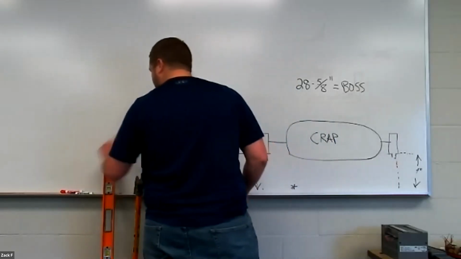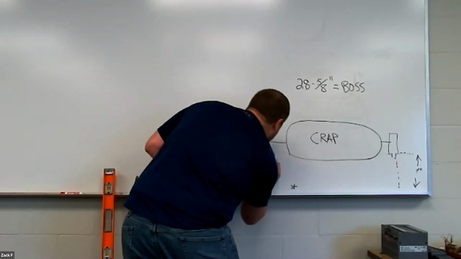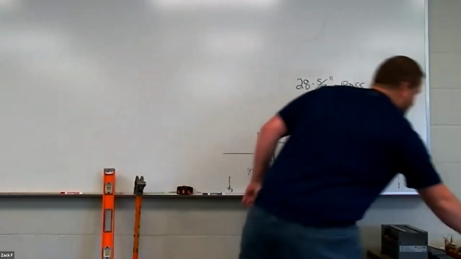So what you do is you put another coupling on there that's 27 5/8. Obviously, it's a not calibrated tape measure. So this is the actual coupling we're going for. You're just going 27 5/8. Then you bend it.